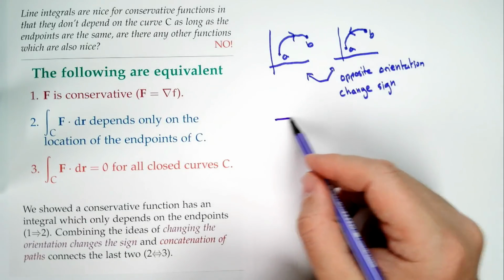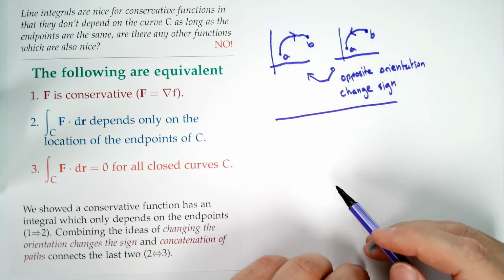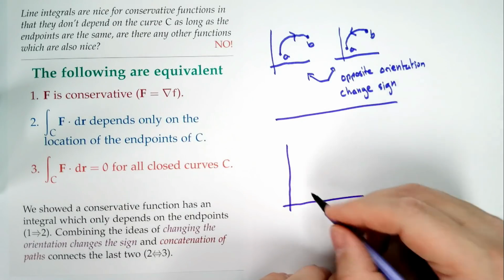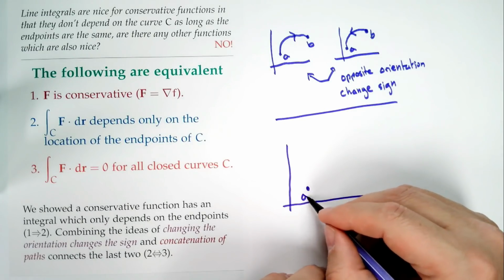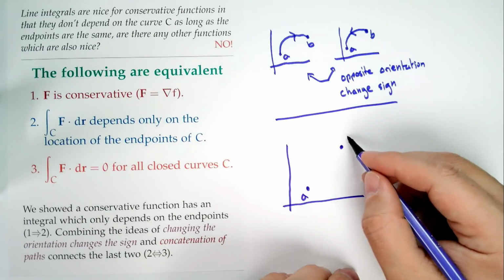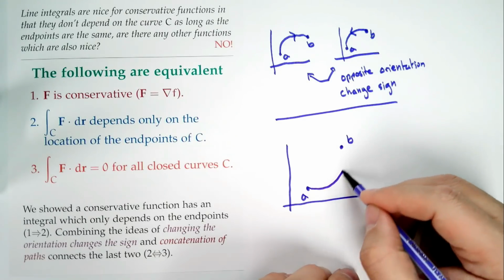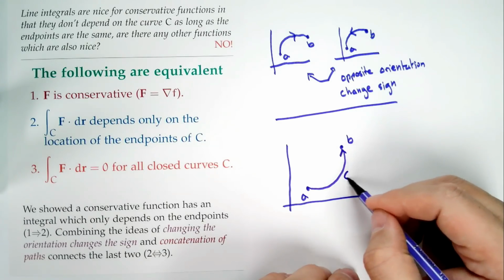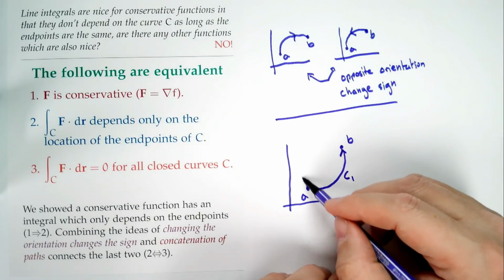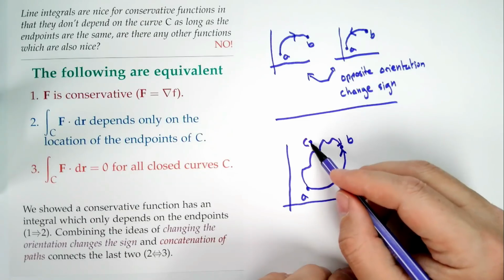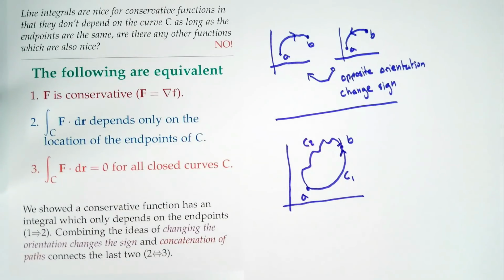So, how is it that 2 and 3 tie together? Well, suppose, for a moment, I have the following. Here's my point A, and here's my point B. I have one curve that goes from A to B, and then I have another curve that goes from A to B. So there's C1 and C2.